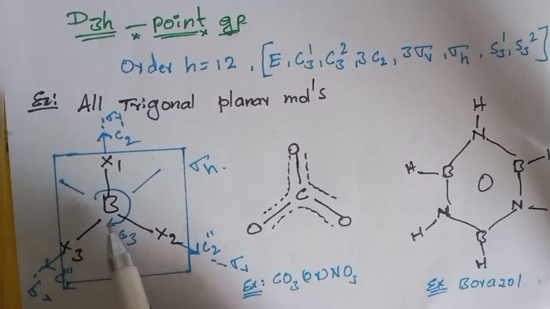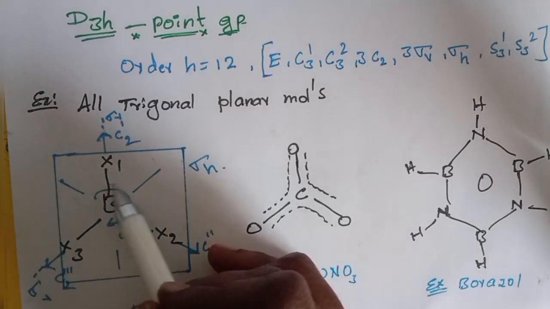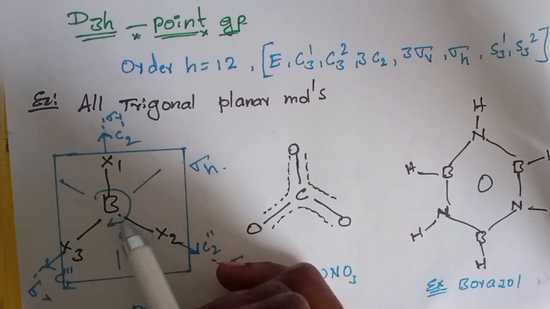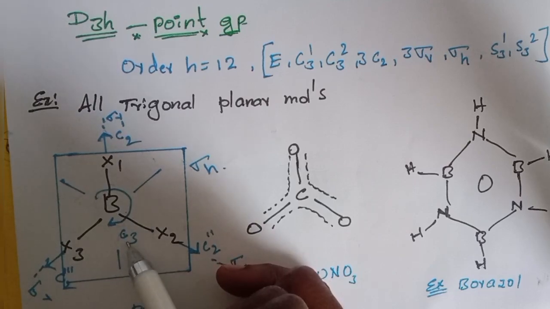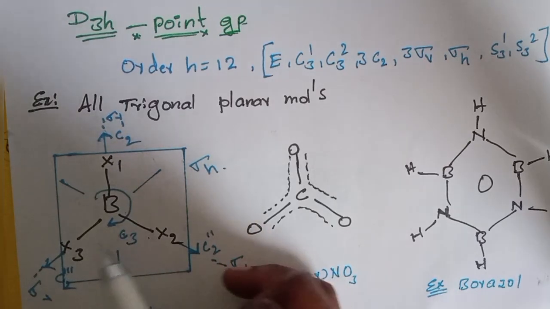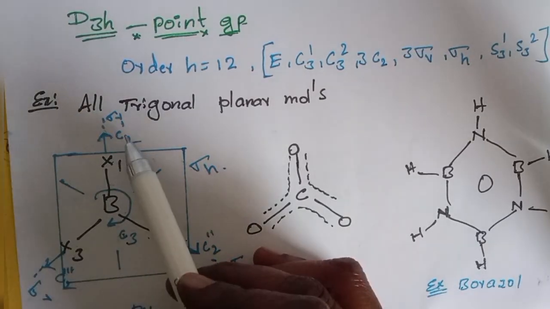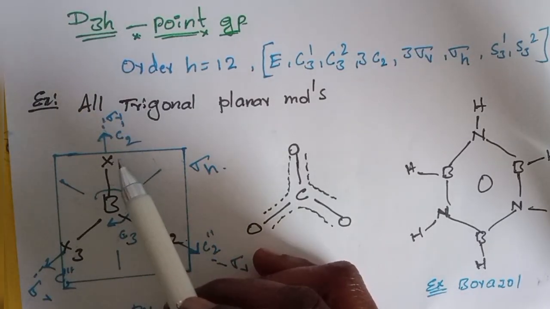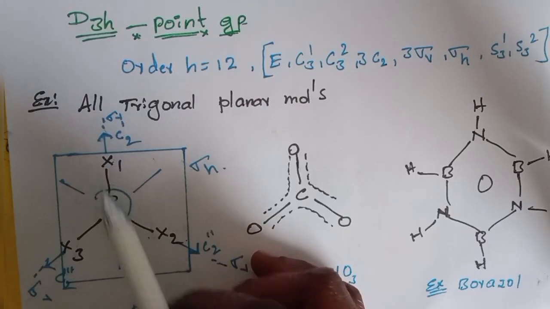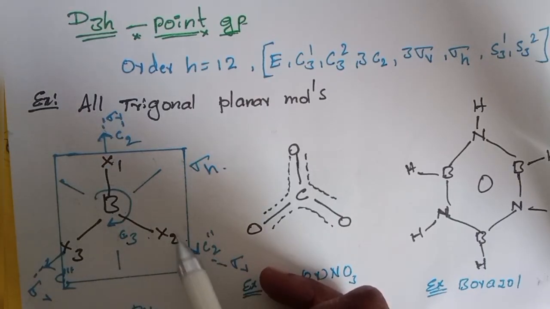So let us take the example BX3, where BX3 is trigonal planar, right? So the angle is 120, the principal axis is C3, and through the 3 halogens 3 C2s will be present like this. Each C2 is possible through one of the halogens and boron, right? So like that 3 C2s.